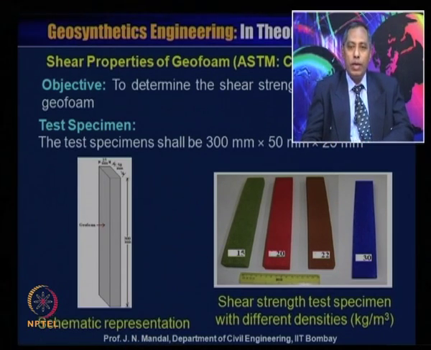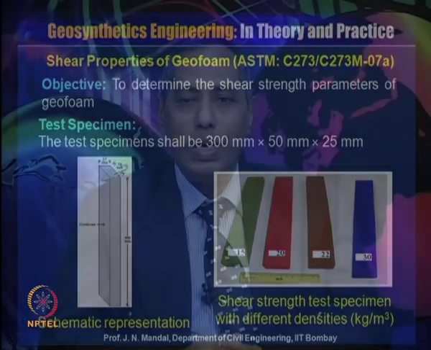This is 15 kg per meter cube, this is 20 kg per meter cube, this is 22 kg per meter cube and this is 30 kg per meter cube. Different colors have been given to identify what density of geofoam you are using, because all the geofoam is white in color, and sometimes it is difficult to identify their density.